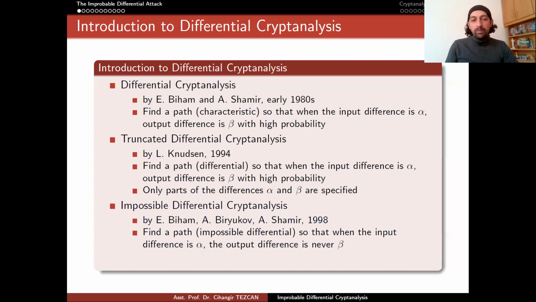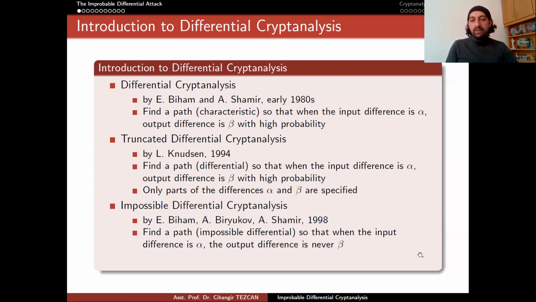Later on, we talk about impossible differential cryptanalysis. This was introduced by Biham, Biryukov, and Shamir in 1998. The idea is to find a path, but this time we call it an impossible differential, so that when the input difference is alpha, the output difference is never beta. So observing input difference alpha and output difference beta is impossible; this event has a probability of 0.